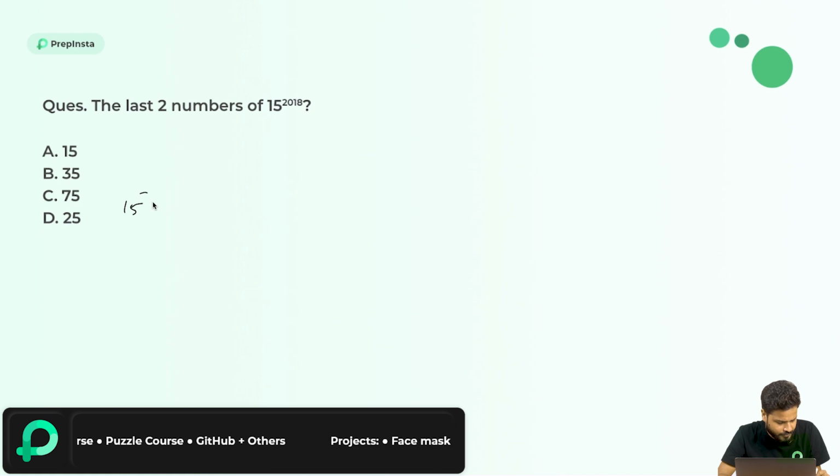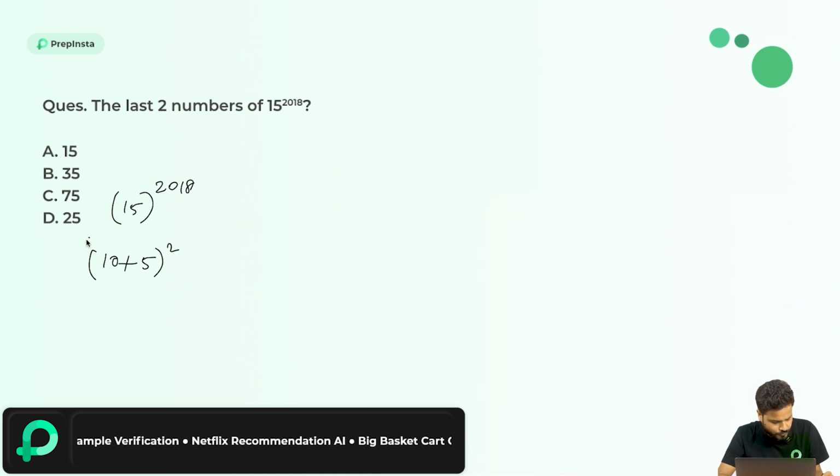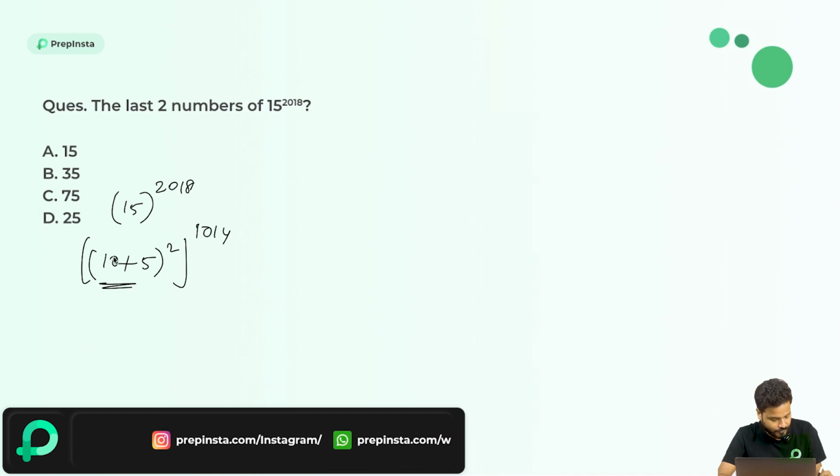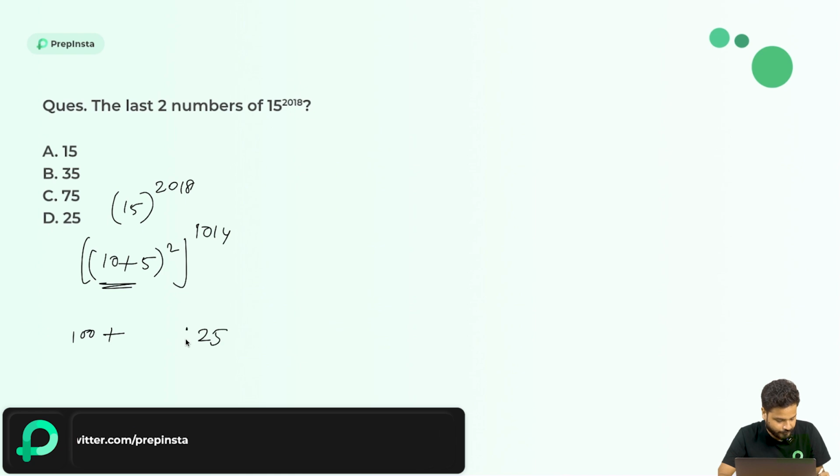15 raised to the power 2018. Can I say this is (10 plus 5) square raised to the power 1009? This is for even powers, right? This won't be valid for the odd powers. So when I see this, guys, let's do what is (a plus b) whole square. a square is 100, plus b square is what? 25.